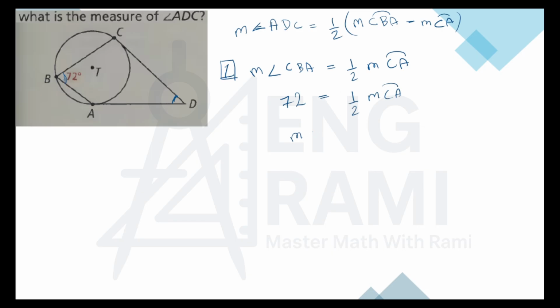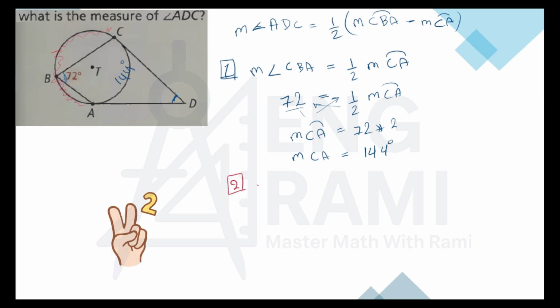Then the measure of arc CA equals 72 times 2, by cross multiplication. Then the measure of CA equals 144 degrees. So this is 144 degrees.